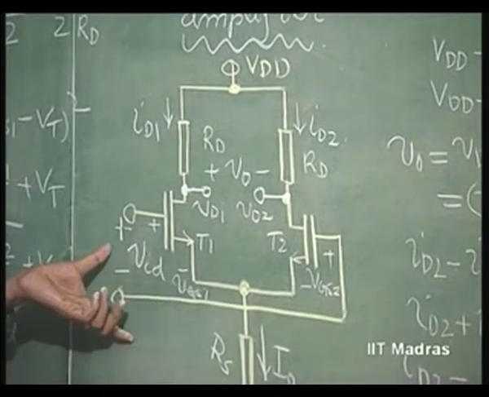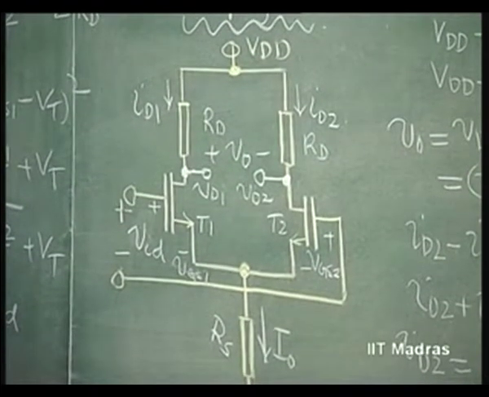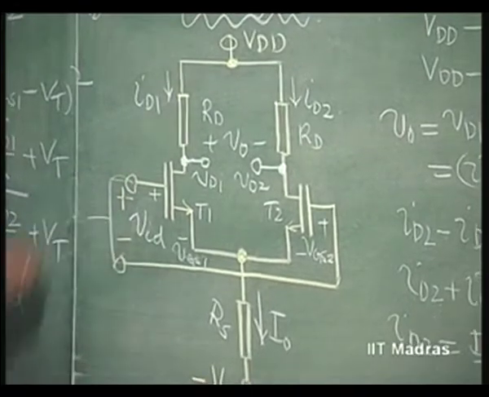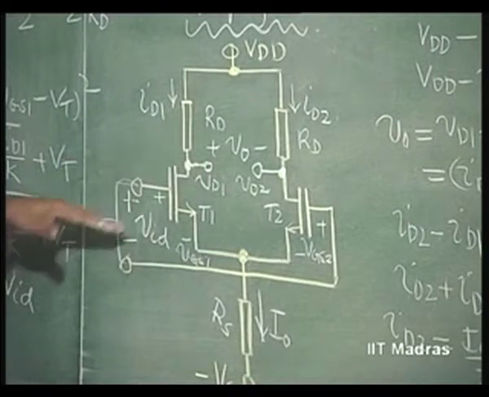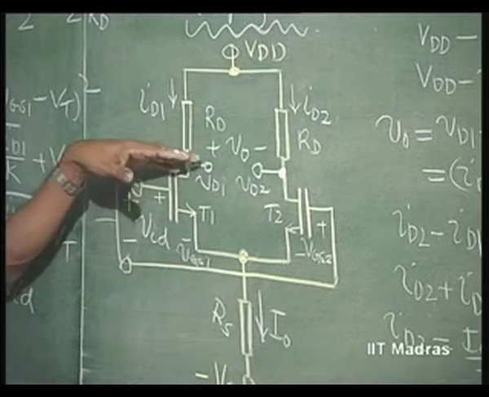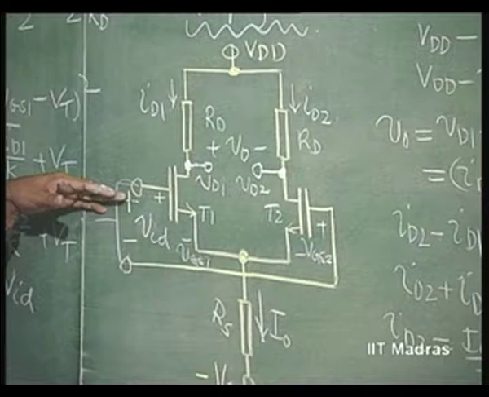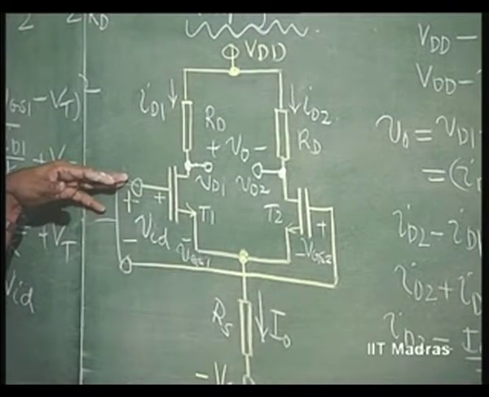Symmetric swing because of the differential signal. Now, as far as common mode operation is concerned, again this same thing is valid, that if I short this, no VID is there, then there will not be much of a change that is going to occur here. This voltage can keep on rising until this voltage, which is drain to gate voltage, becomes equal to minus VT, at which point of time it is entering the triode region.